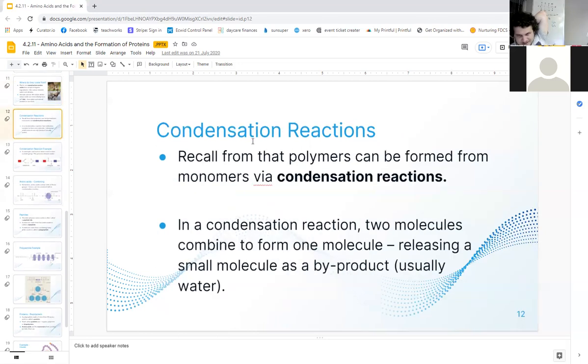So condensation. I want everyone to take 1 minute to think, what does condensation relate to? And think about what's on the end of those molecules.